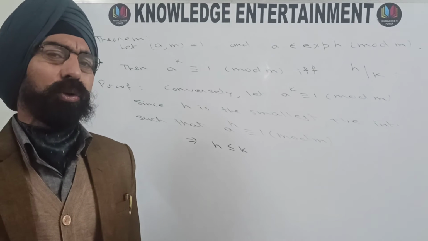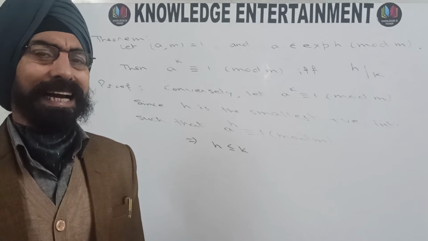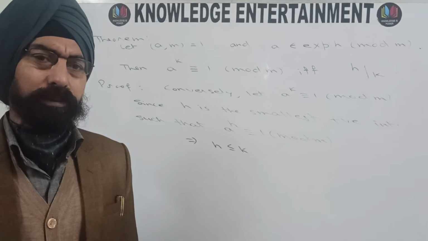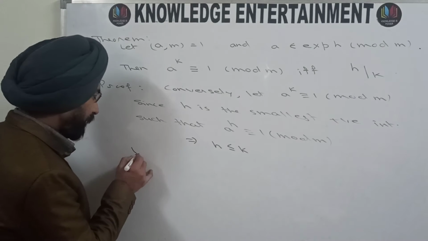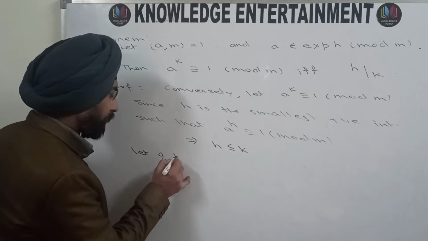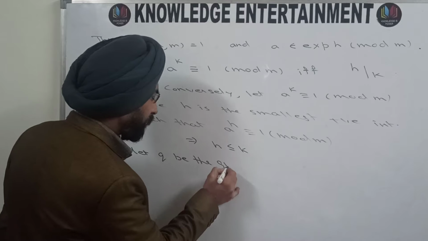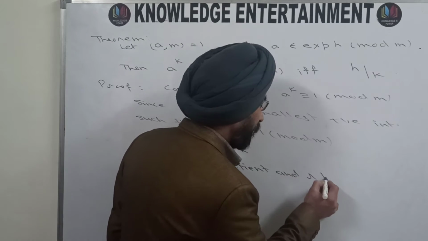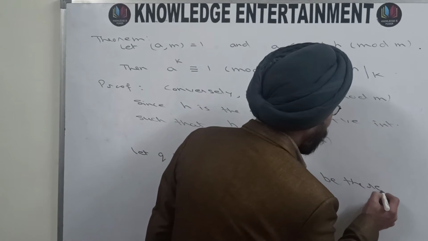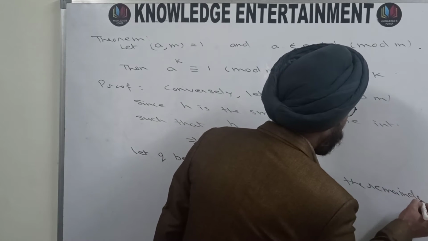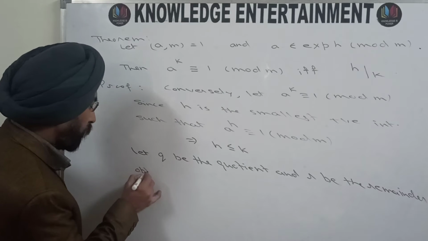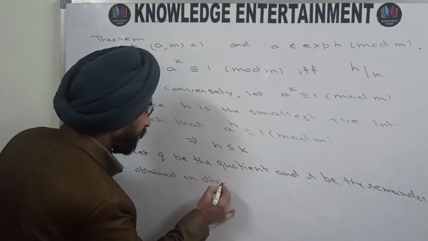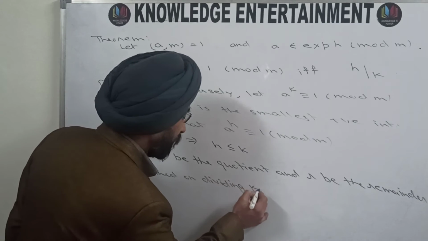And if h is less than or equal to k, then we can divide k by h, and we will get some quotient and some remainder. So let q be the quotient and r be the remainder obtained on dividing k by h.